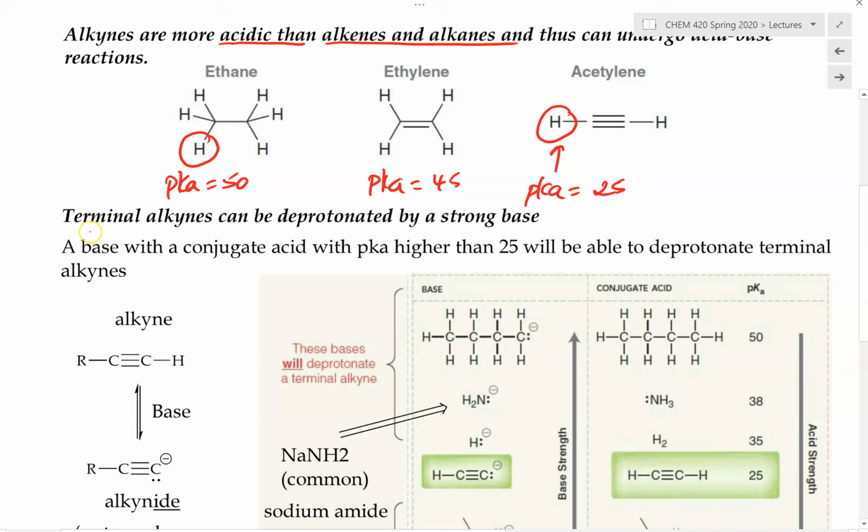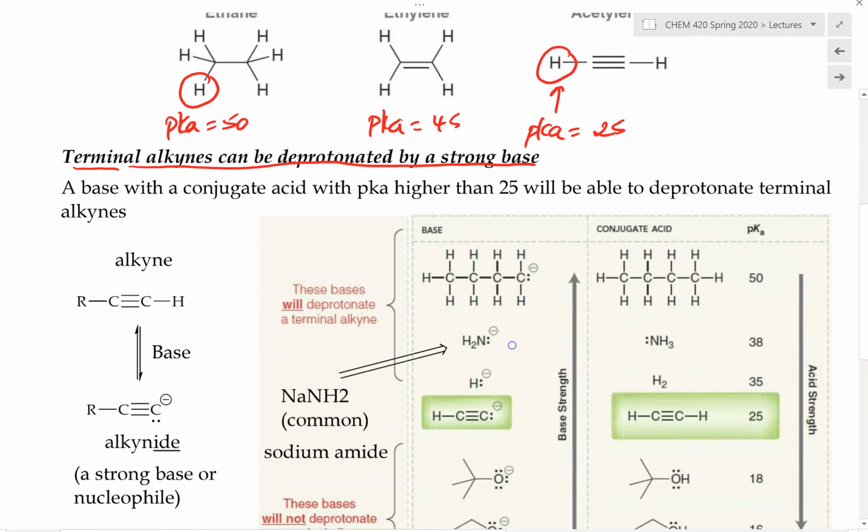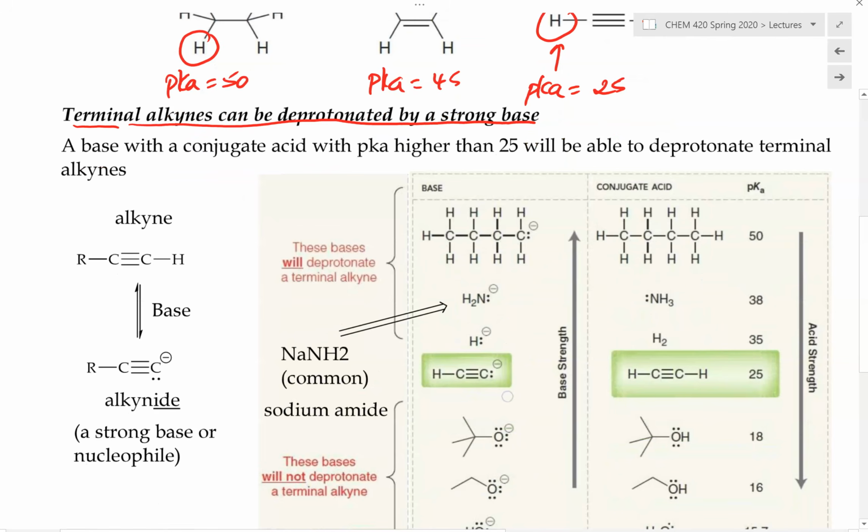So the terminal hydrogen on the alkyne can be deprotonated by using a strong base. When we say strong base here, we are referring to a base whose conjugate acid has a pKa of 25 or higher in order to be able to deprotonate a terminal alkyne.